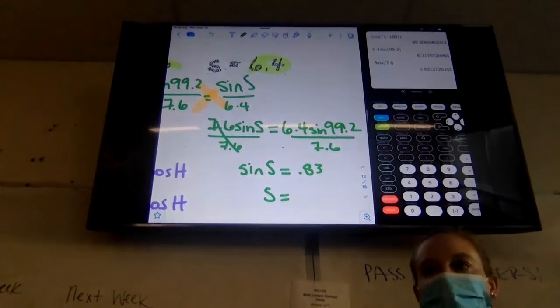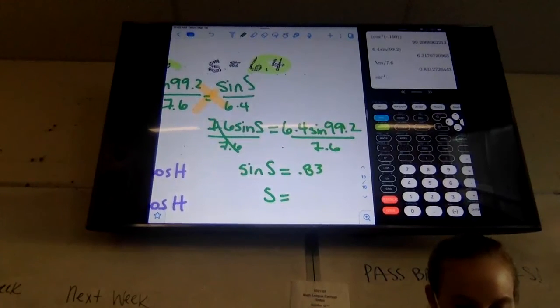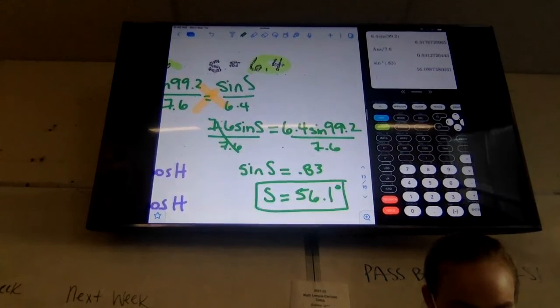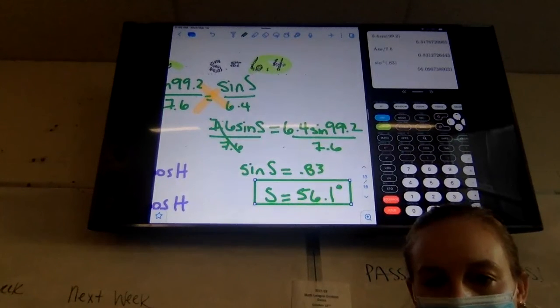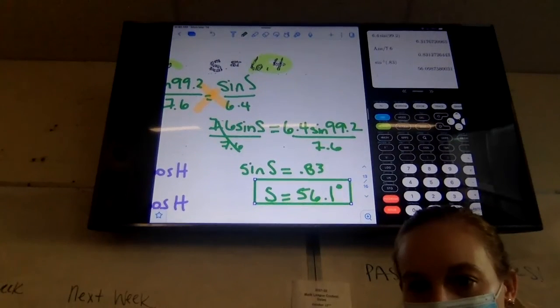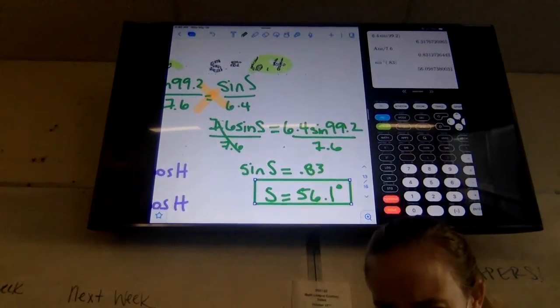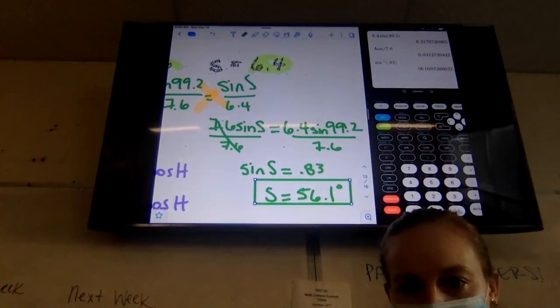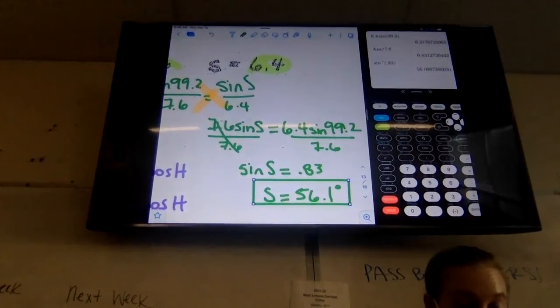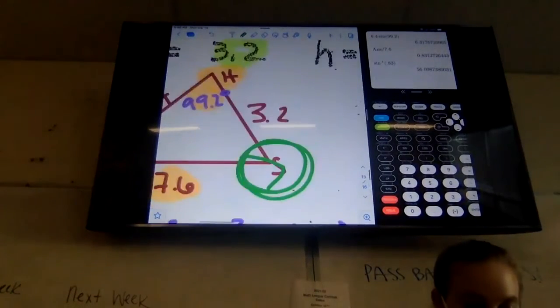And then don't forget your inverse sine is how you get that angle S, at least in my case. And I get angle S equals 56.1 degrees. Your rounding may be a little different. On my paper, for some reason, I've got 56.2 degrees. That's fine either way.